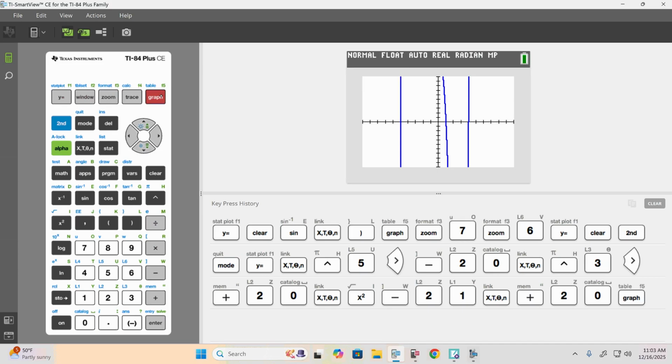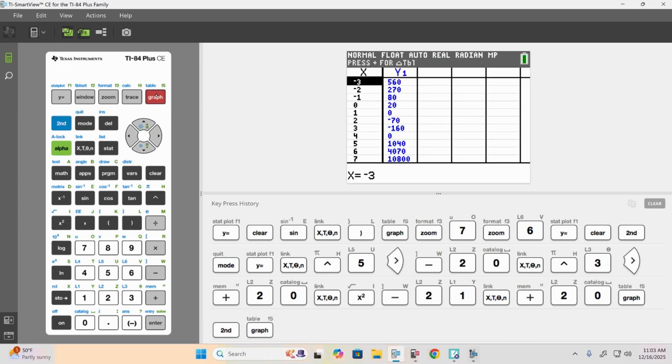But once we graph it, we should get something that looks like this here. So we do have 3 spots where it intersects the x-axis. We do have 3 zeros. So the three values of x that make this function be 0 are negative 5, 1, and 4.